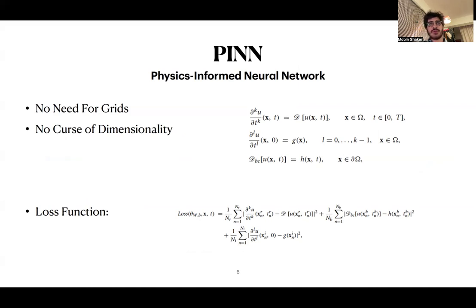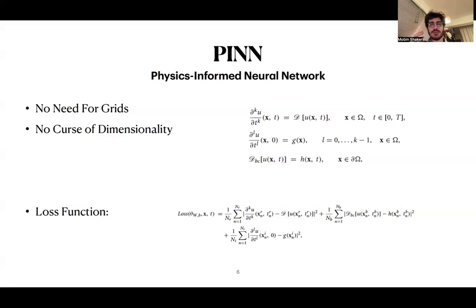If you have a general Cauchy problem of this sort, with D being the differential operator, and with some appropriate initial condition to the order of k, and some boundary conditions, we can define a loss function like this, which is a normalized mean squared error of the PDE residuals.